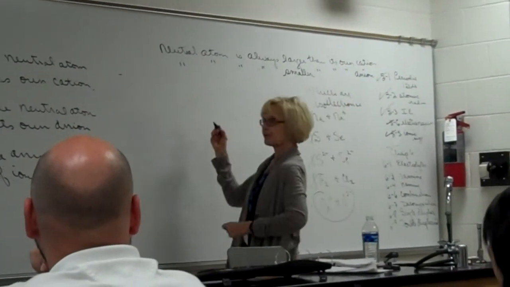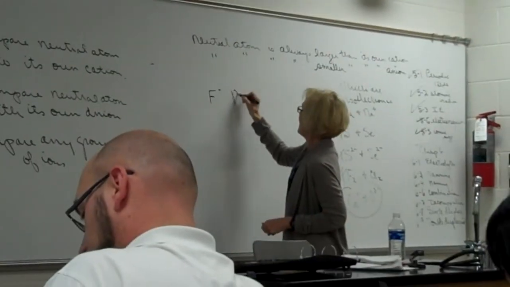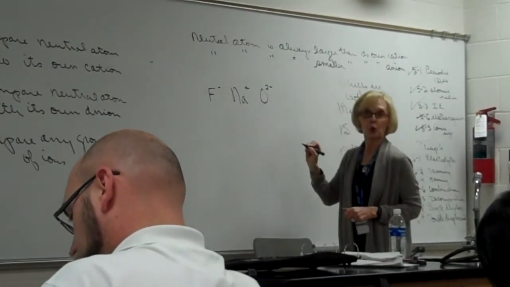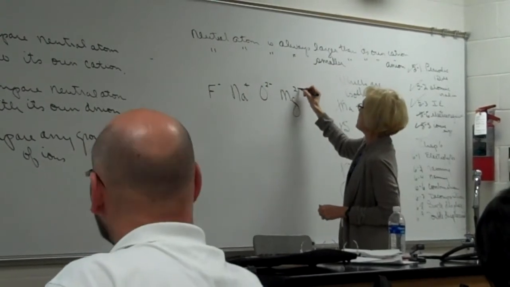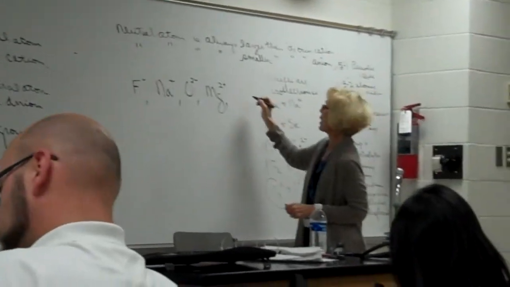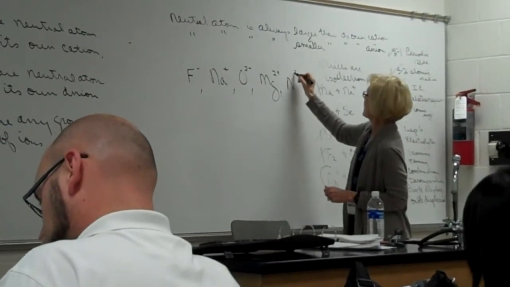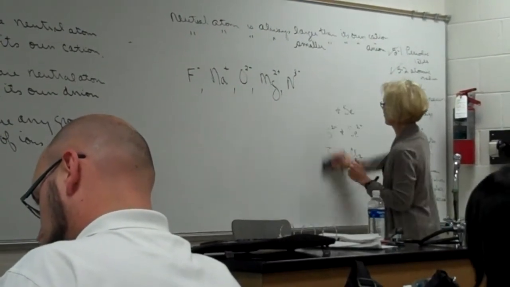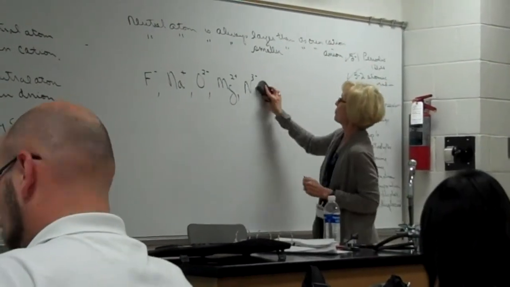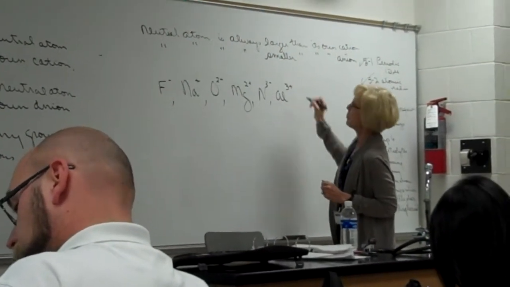Okay, let's say I have fluoride -1. I have sodium +1. I have oxygen -2. I have magnesium +2. I've got nitrogen -3. And I've got aluminum at +3.